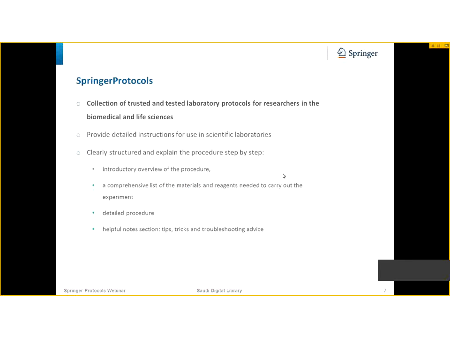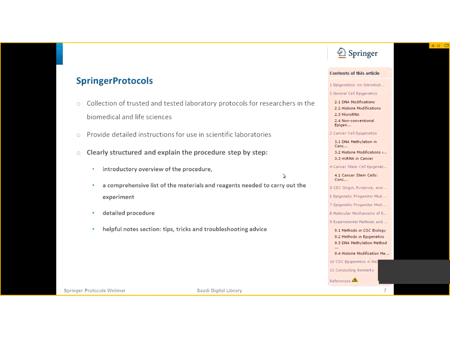So the Springer Protocols are a collection of trusted and tested laboratory protocols that researchers can use in biomedical and life sciences. They provide detailed instructions for use in scientific laboratories, they're clearly structured, and they explain the procedure step by step.